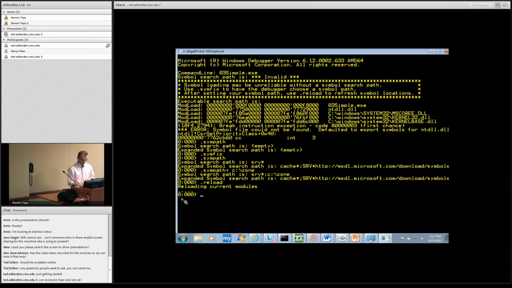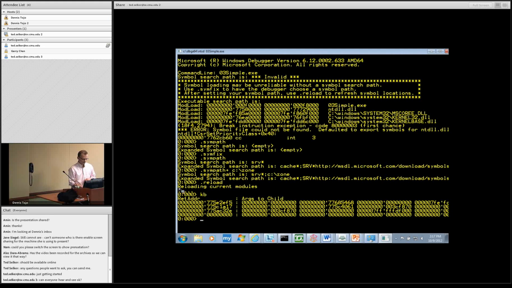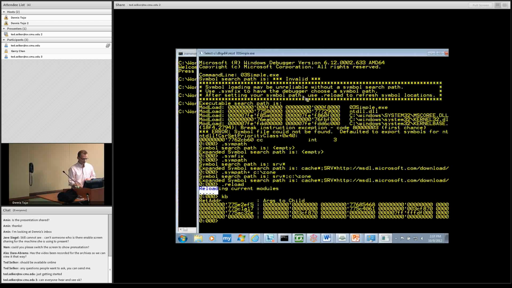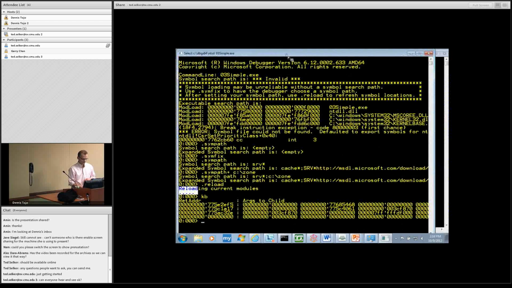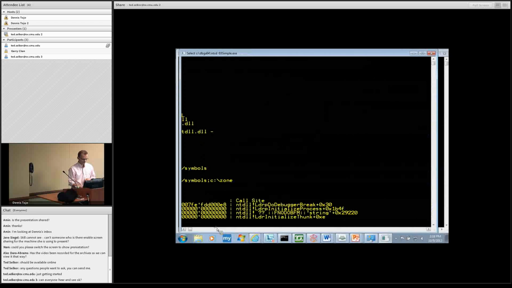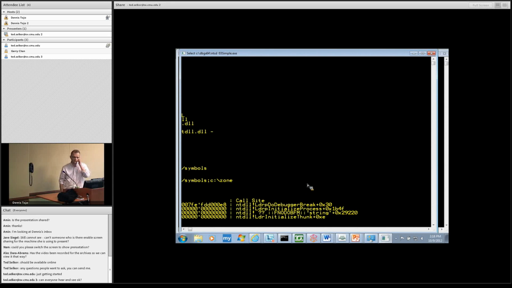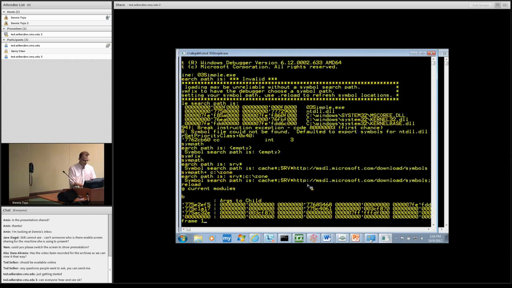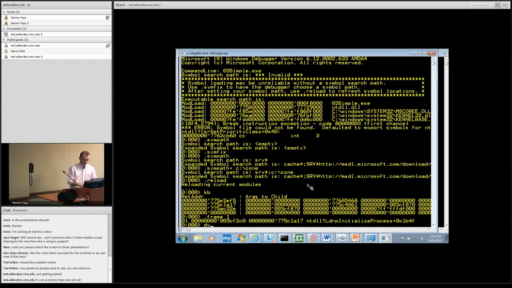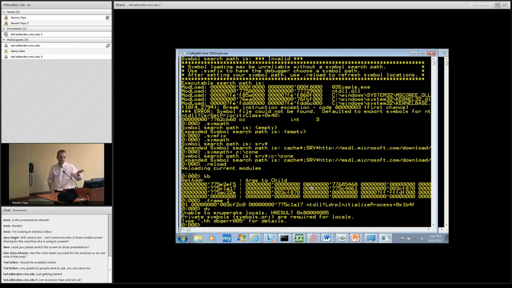If I do the command called kb to get the call stack for that thread, you'll notice the function names themselves, and then you can go to a particular frame of that call stack, say frame 1, and if I do a db, it will tell me the local variables. In this case, that frame is a Microsoft frame, and since we only ship the public symbols, you won't be able to get the local variables, but had this been your own code, it would show them.